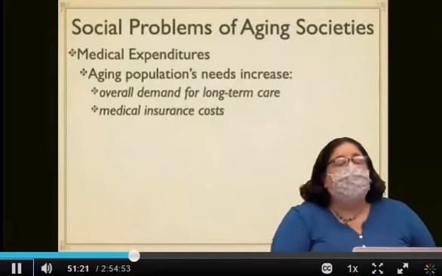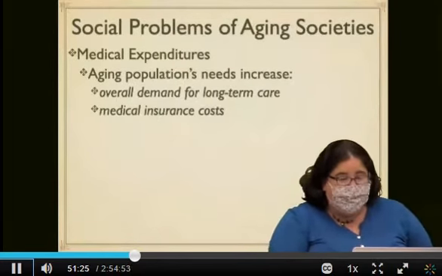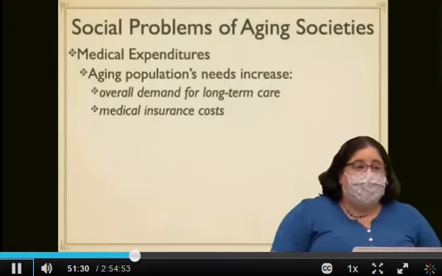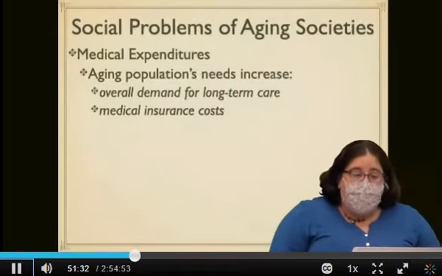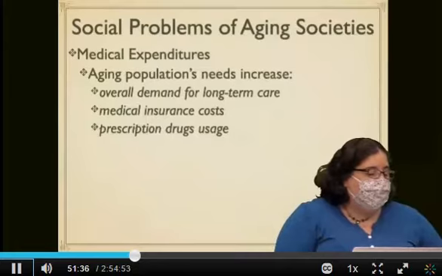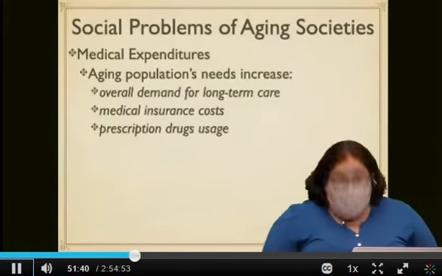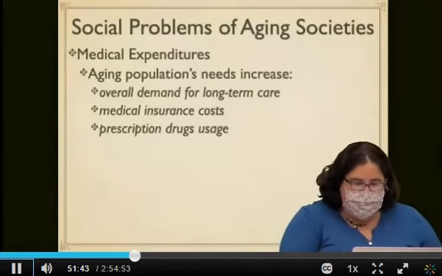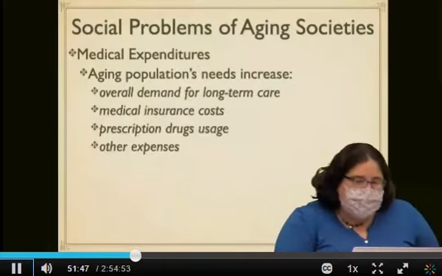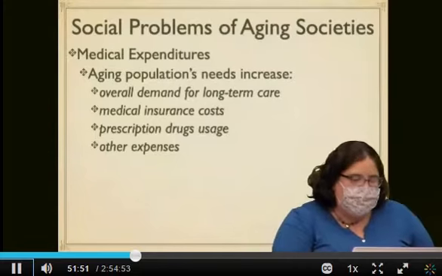As we all know, medical insurance rates go up, whether you are aging or not. Insurance companies kind of do the quick math and figure out everybody's getting older, they better raise costs. We know there's been a huge increase in both the usage of prescription drugs as well as the cost of prescription drugs. And other expenses like procedures and emergency room costs and things like that.